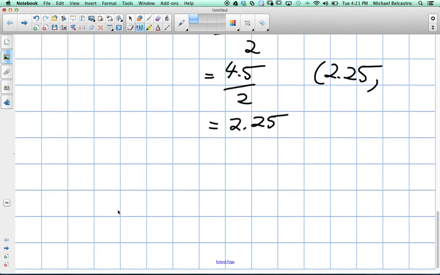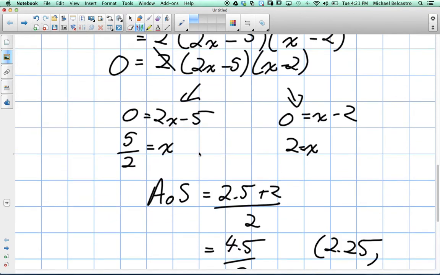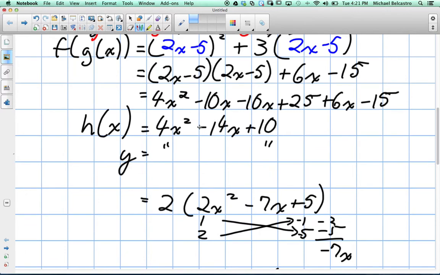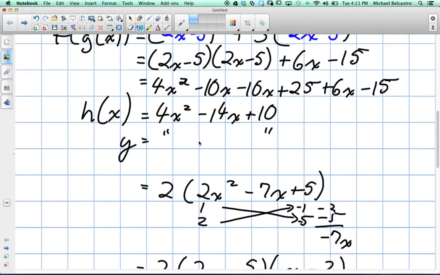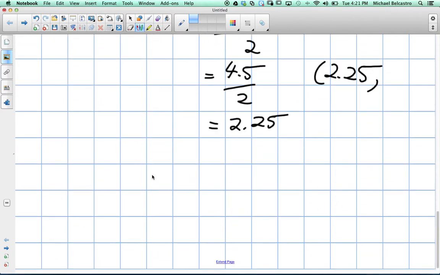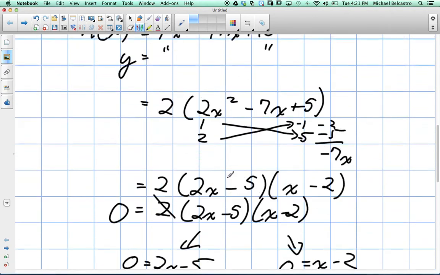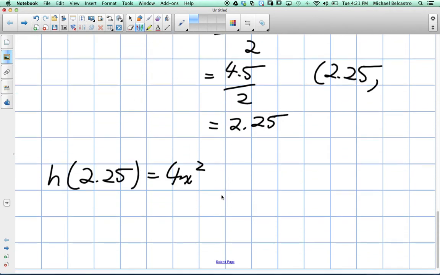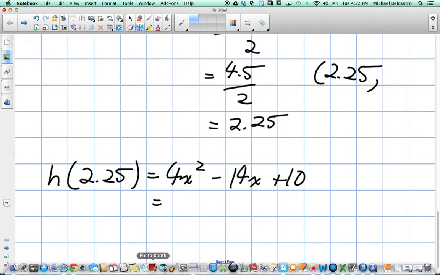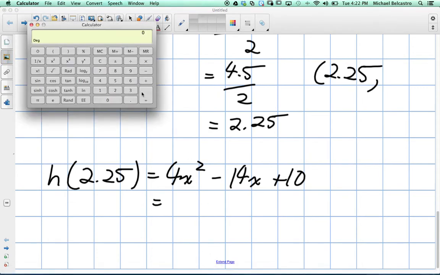And we can plug it into the original equation. I'm going quickly through the quadratic stuff. We'll take our h of x, we'll call it h of 2.25. And our equation said 4x squared minus 14x plus 10. So we can plug this value in. I'm going to quickly do it on a calculator to find out the y value of our vertex.